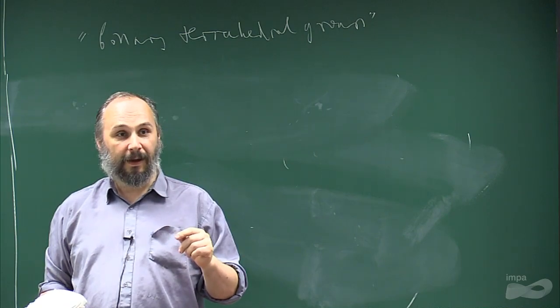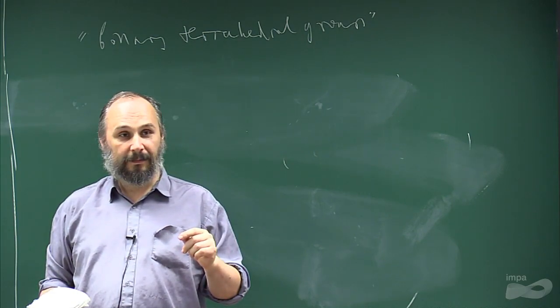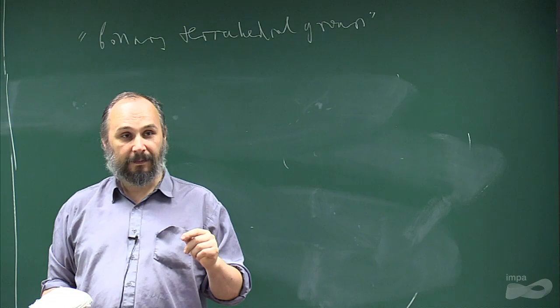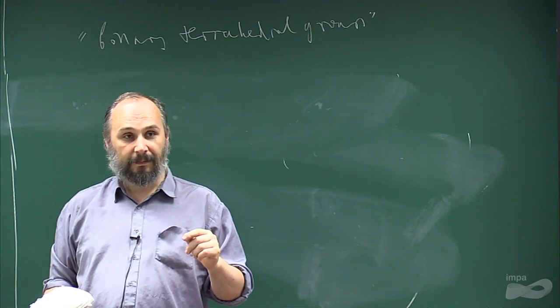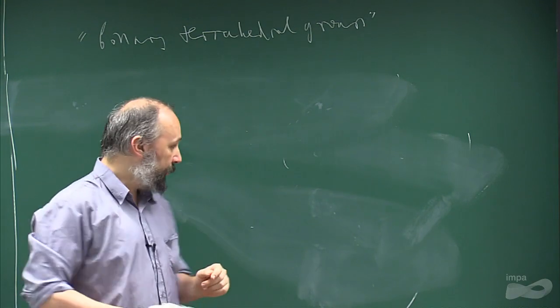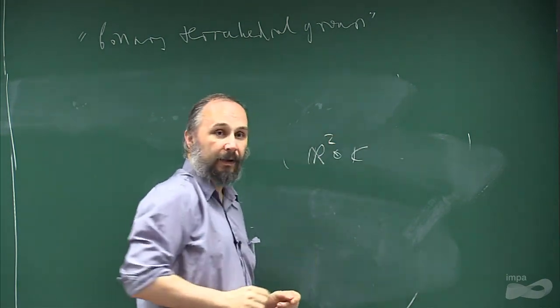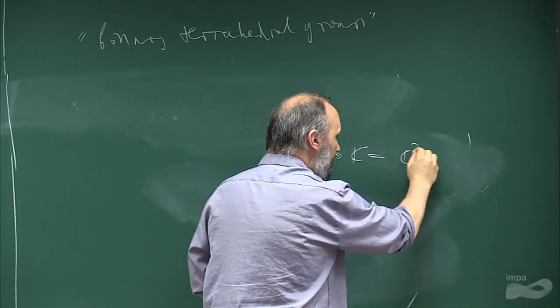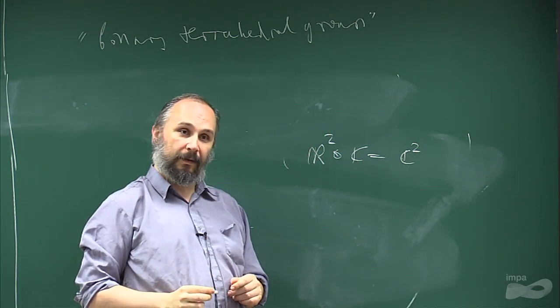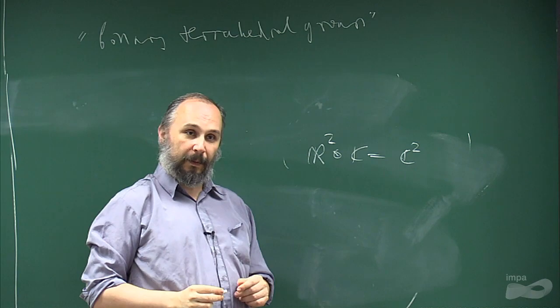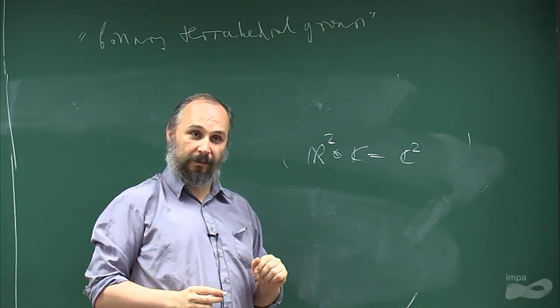Yes? You use the diagonals, the matrix between C, right? Yeah. So I take R2, tensor by C, obtain C2. It has dimension 2 in C. But it stops being irreducible.